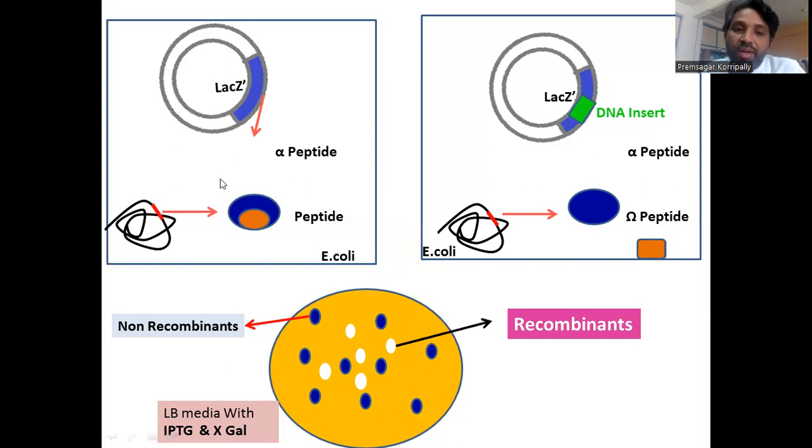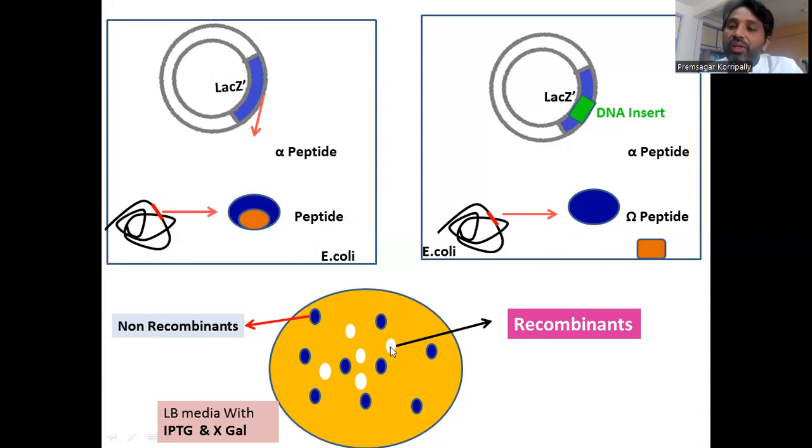So only non-recombinants can have the functional beta galactosidase and produce the blue colonies in the presence of IPTG and X-gal. But recombinants have no possibility to form a functional beta galactosidase because of insertion of a gene. Then these colonies appear white in color.